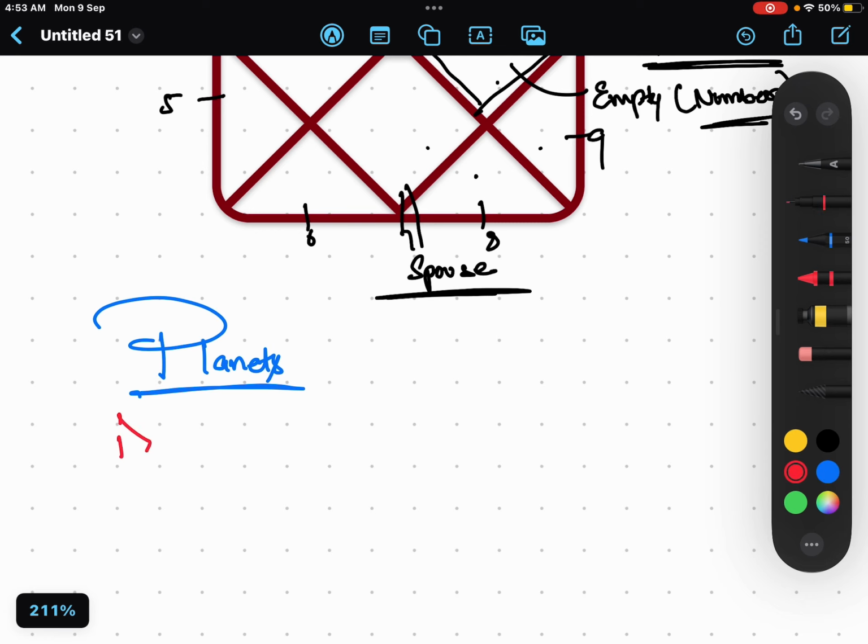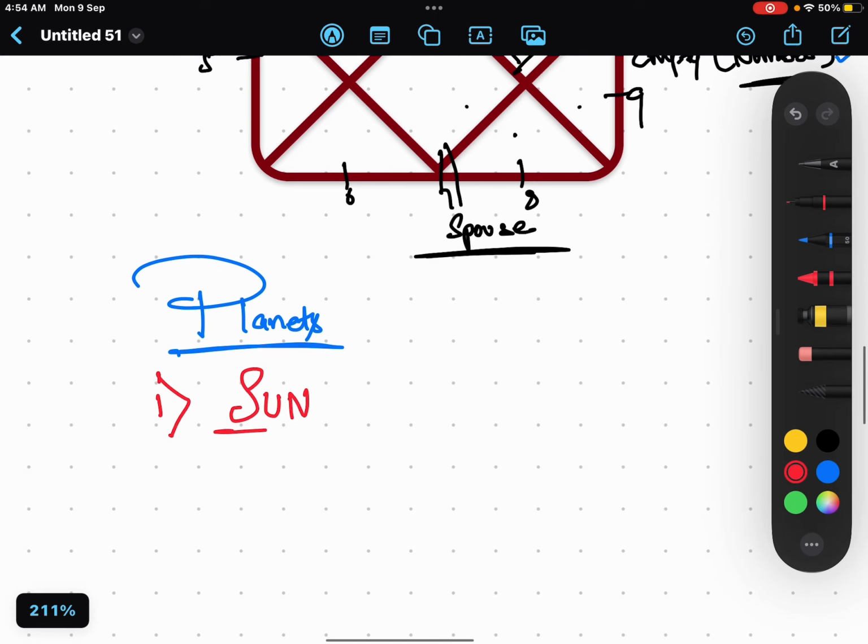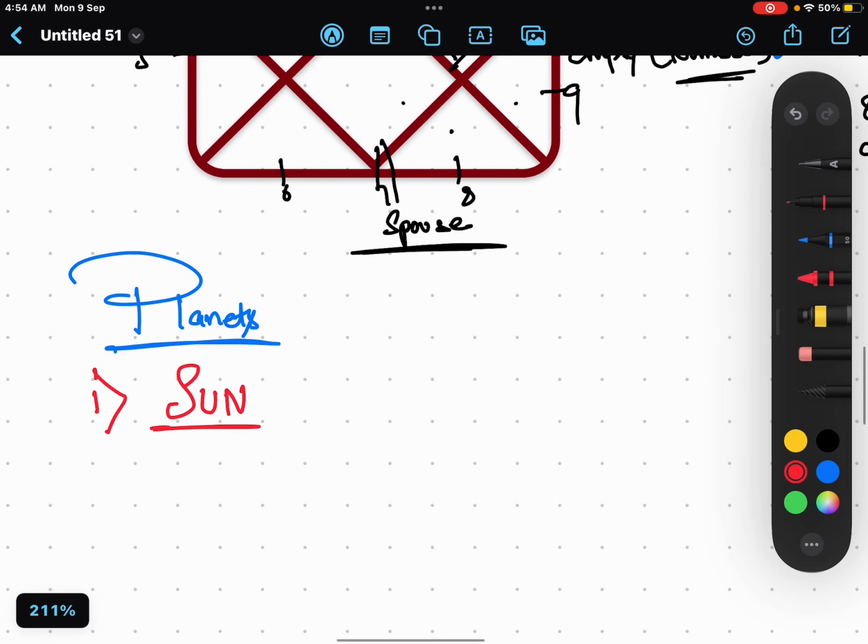Number one, if you have the Sun in your 10th house, or the 10th house lord is Sun, then whenever there is a Sun in the 10th house, your mom-in-law will be dominant. Your mother-in-law will be an authority figure or a bossy kind of figure.